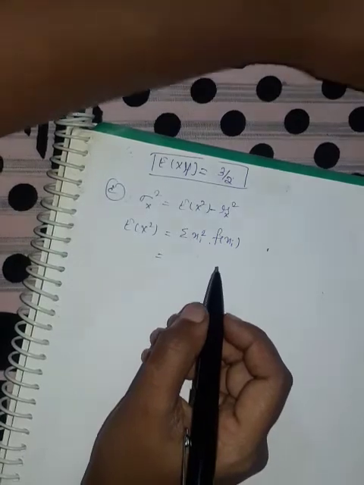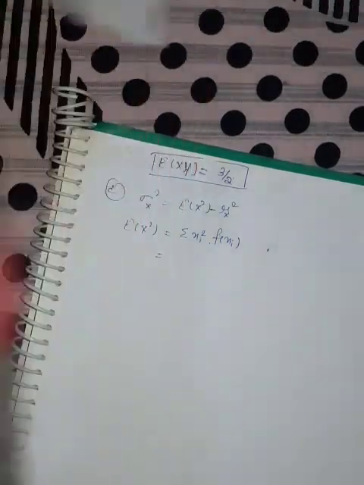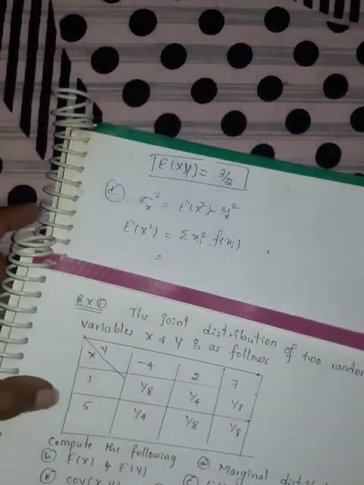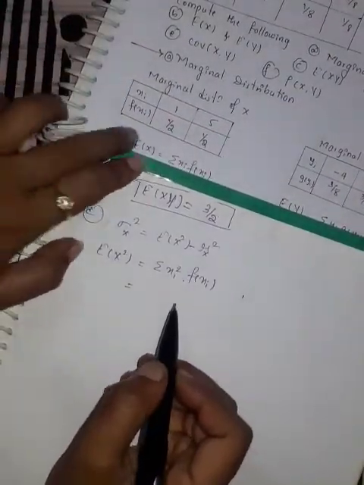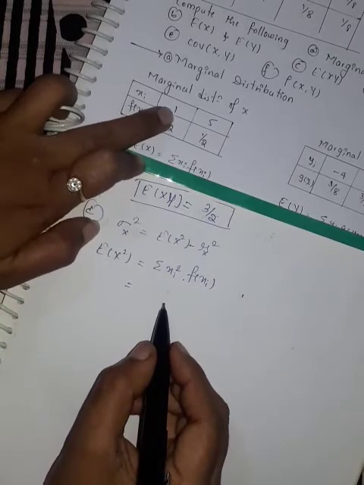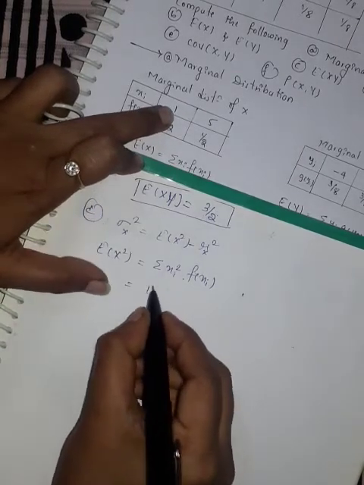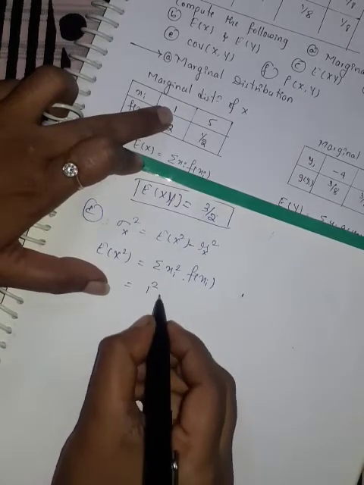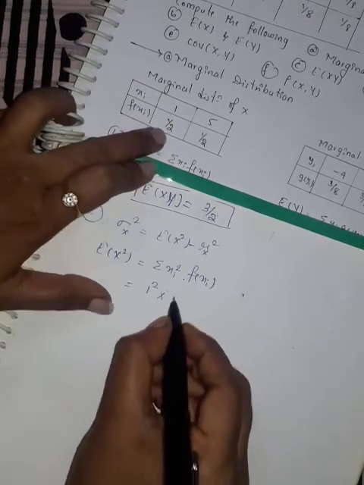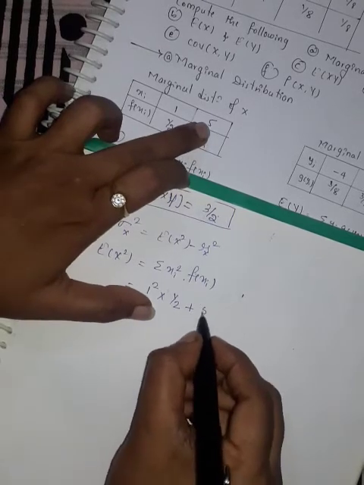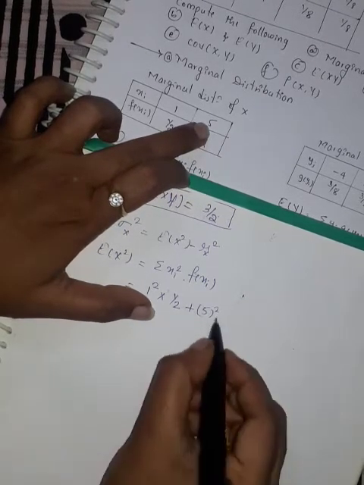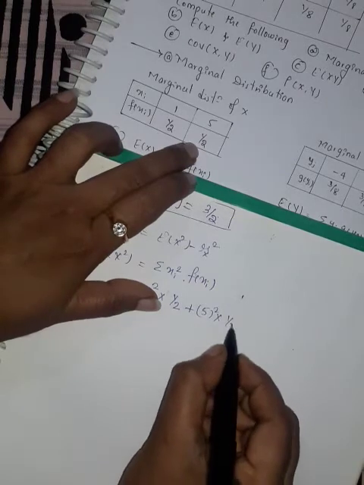In the table you have here, our xi is 1, that is 1 square into f of xi, which is 1 by 2, plus next 5 square, that is x2 square into f of x2 which is 1 by 2.